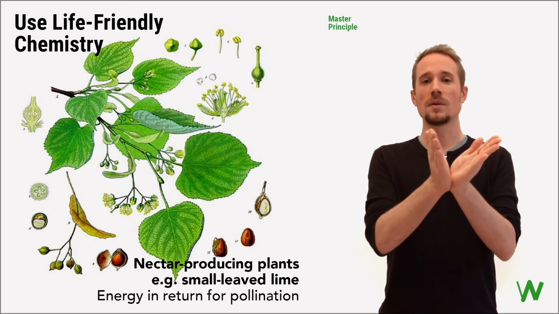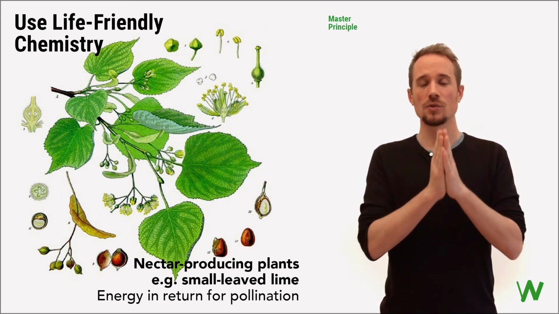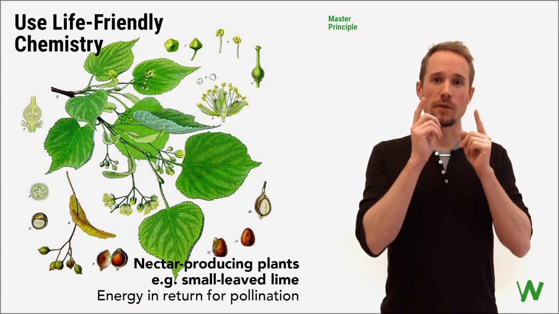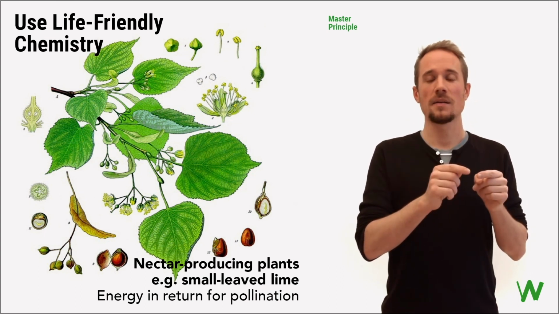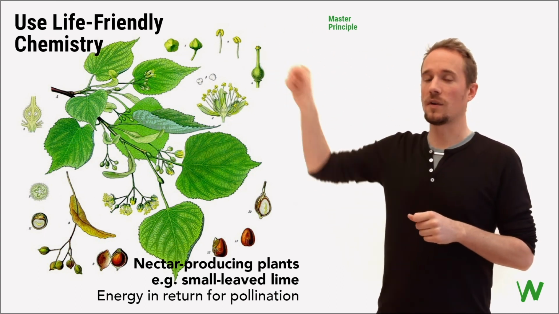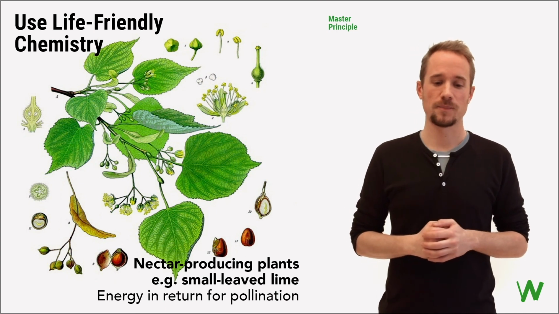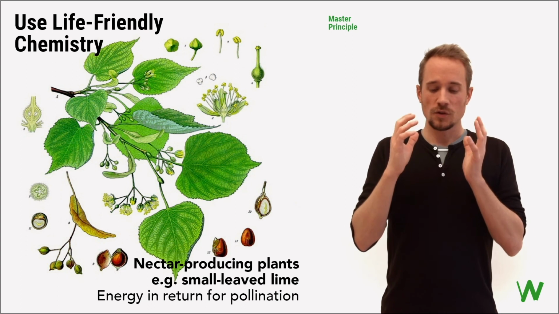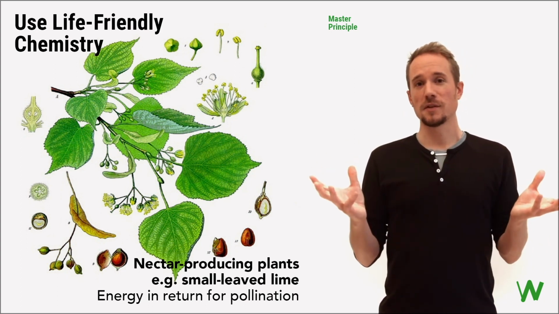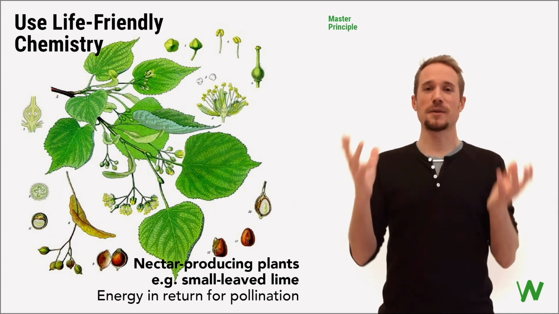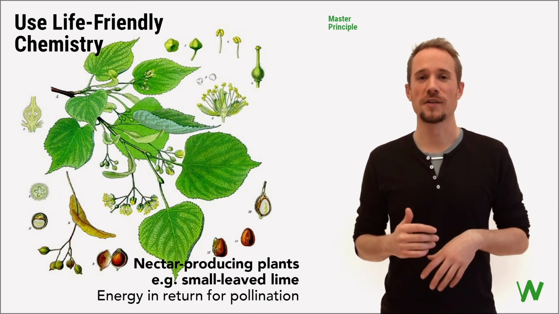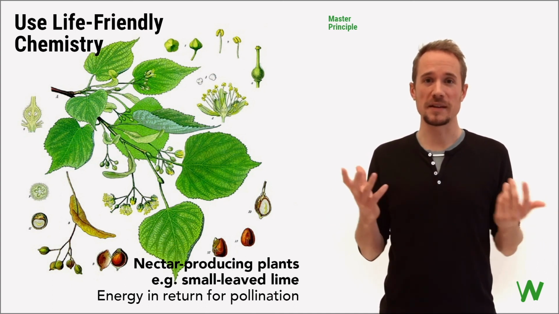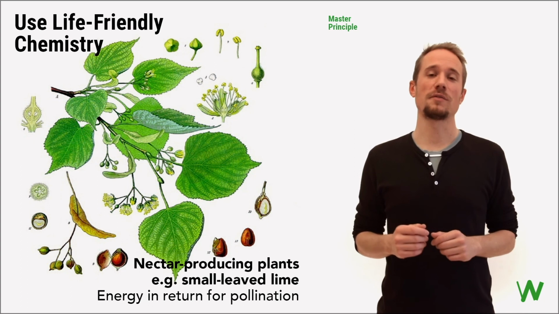I'll give you my sugar and you'll take the pollen from my flower to the flower of a different plant. So this sugar is basically the friendliest substance that we know for life. It's the basis of life, created in photosynthesis.